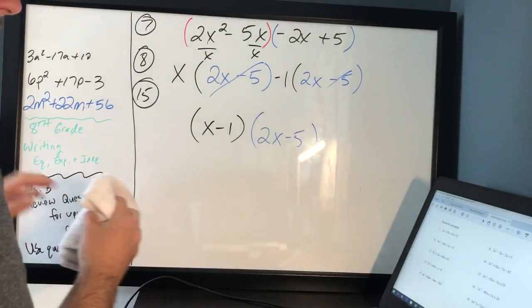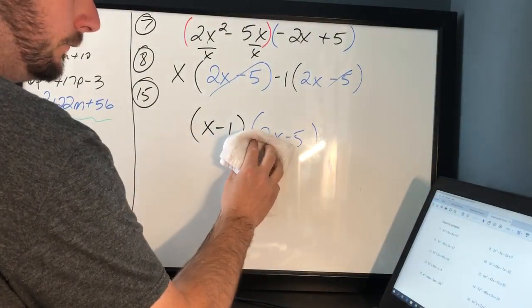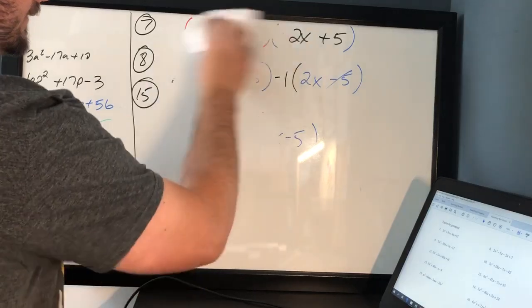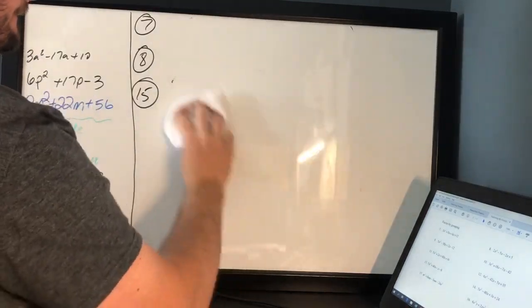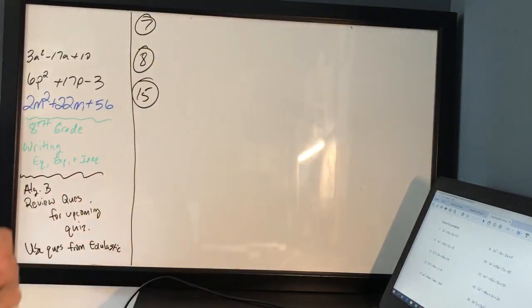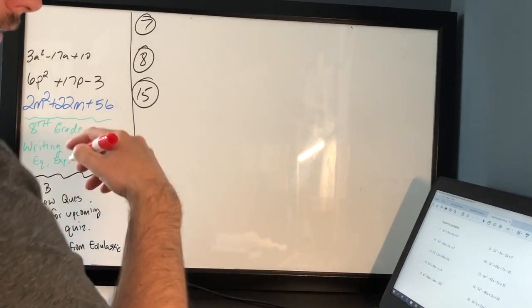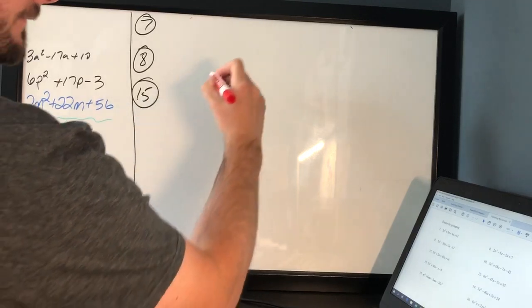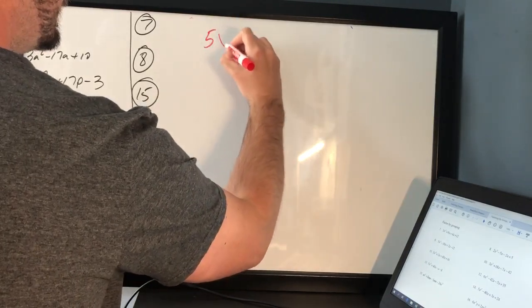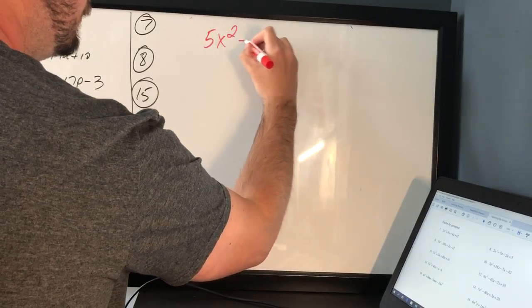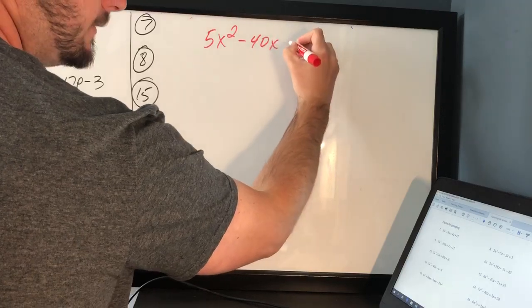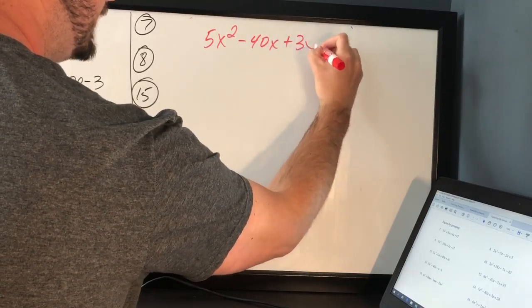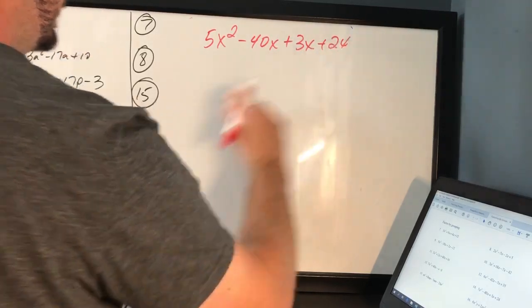Okay, let's go ahead and do one more together here. All right. Let's do 5x squared minus 40x plus 3x plus 24.